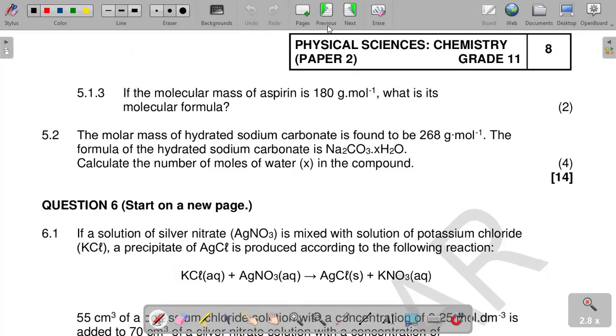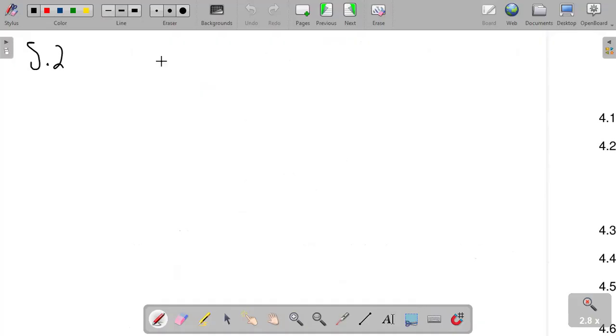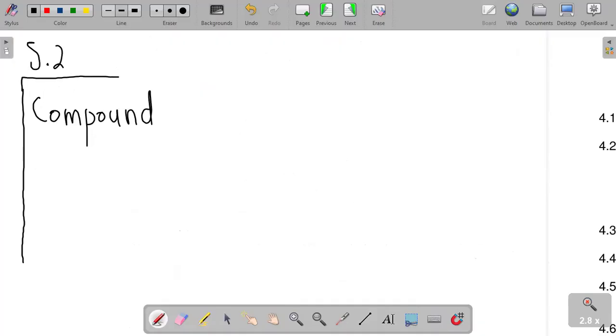So we go to the table for crystallization. So instead of having an element here, we're going to have a compound.